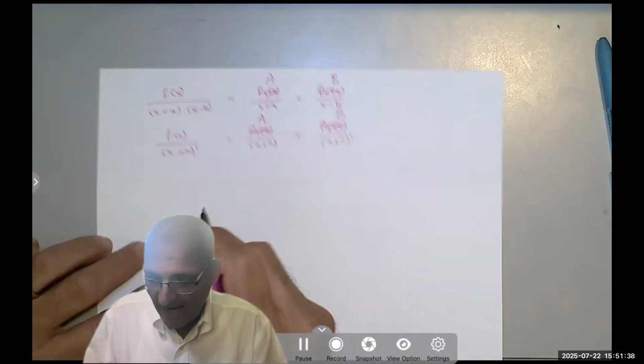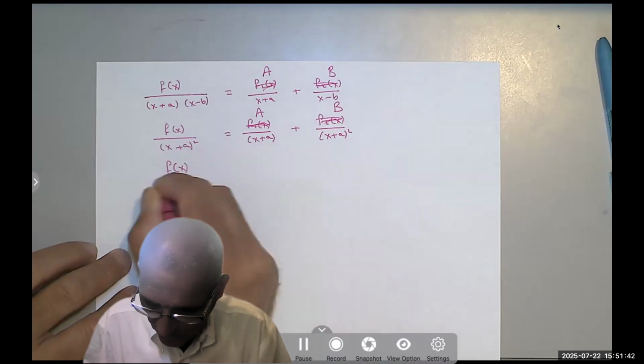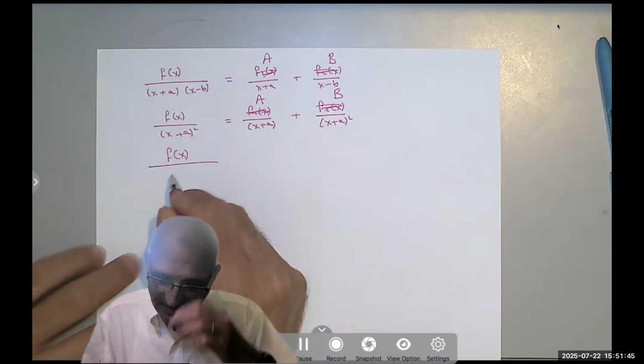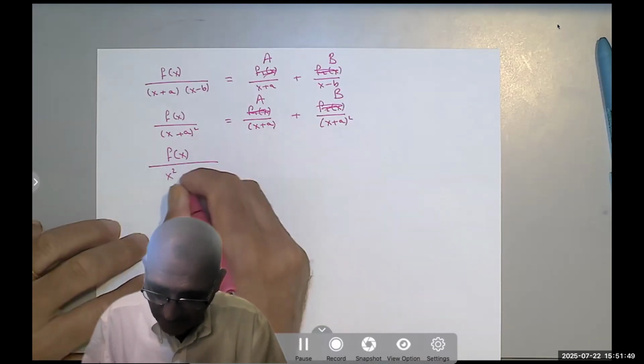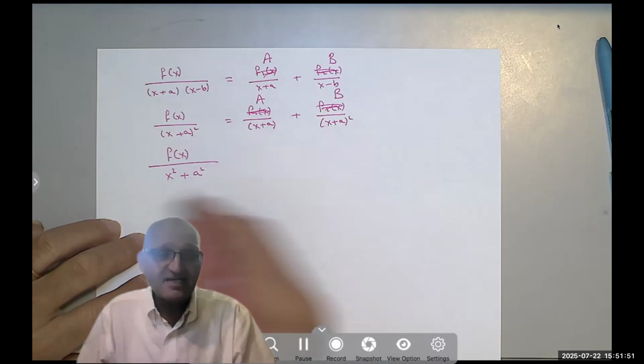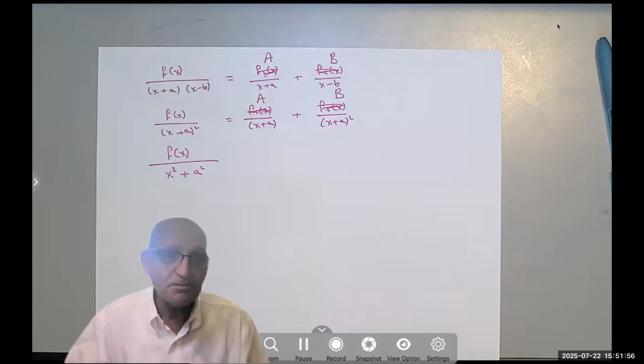If I have f of x over, for example, x squared plus a squared, notice that x squared plus a squared you cannot factor unless you use imaginary numbers.